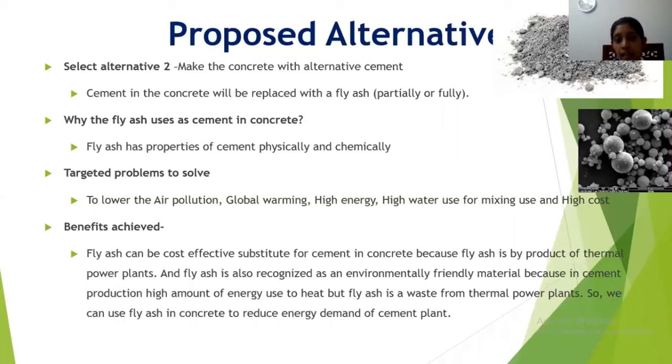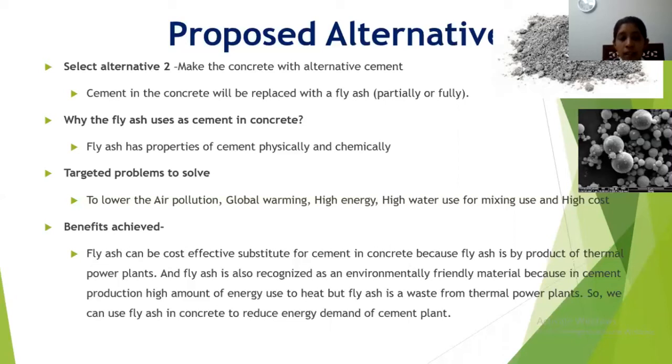It has similar physical properties as well as chemical properties as cement. Its contribution to air pollution and global warming is comparatively low, and it needs less energy to be produced and less water when it is used.